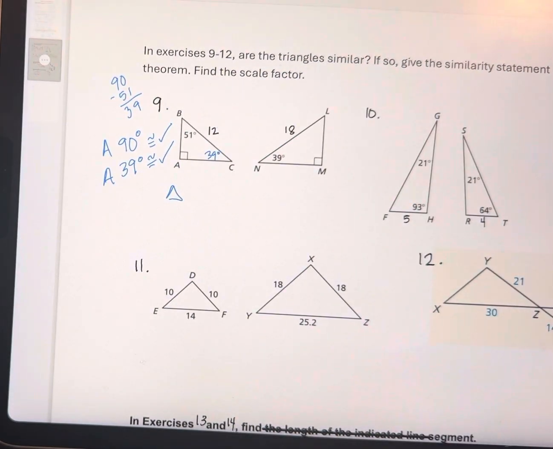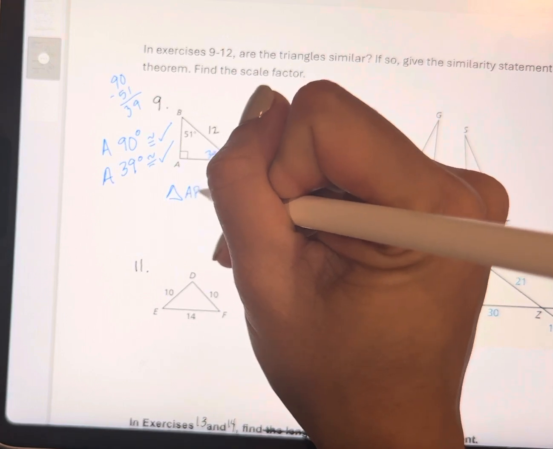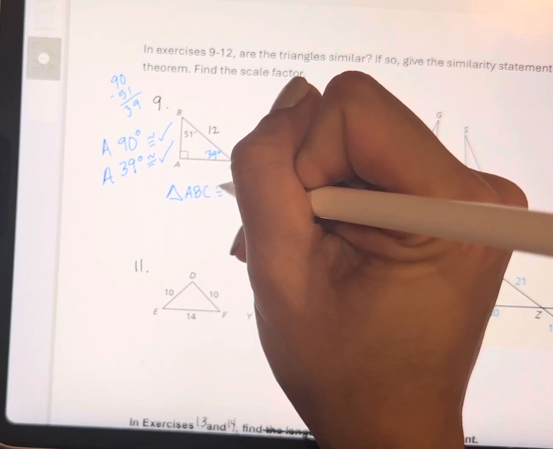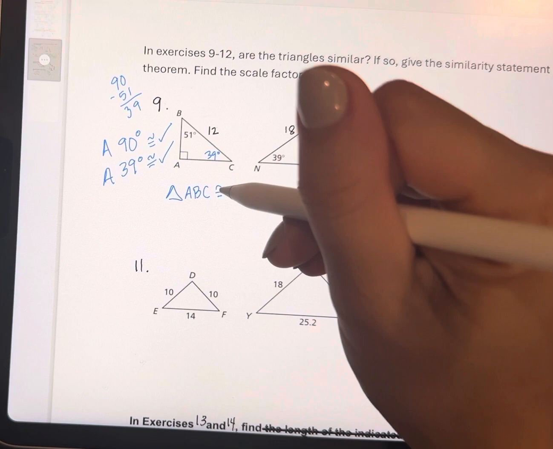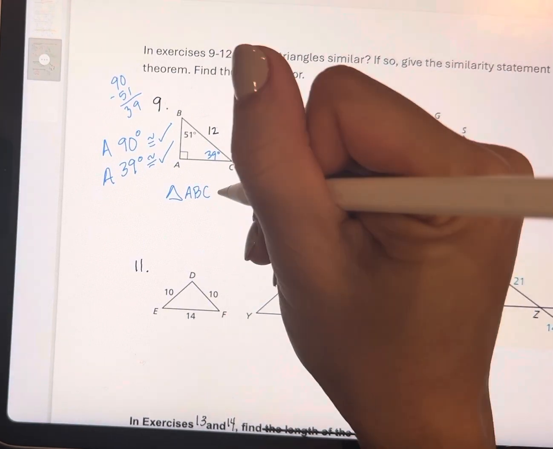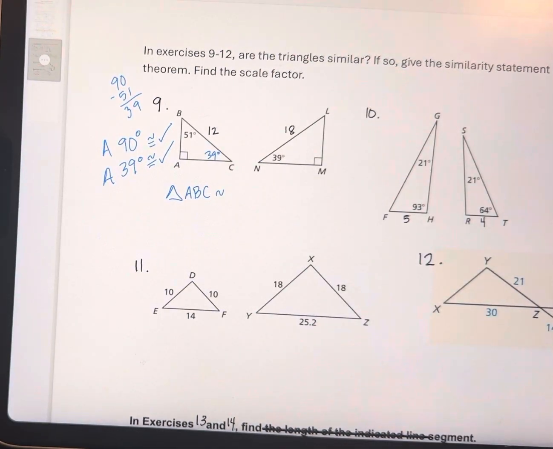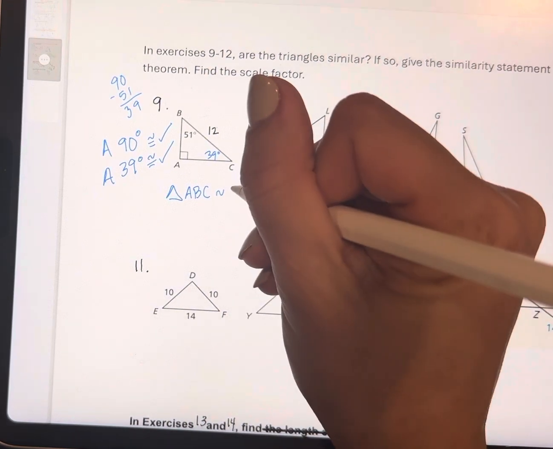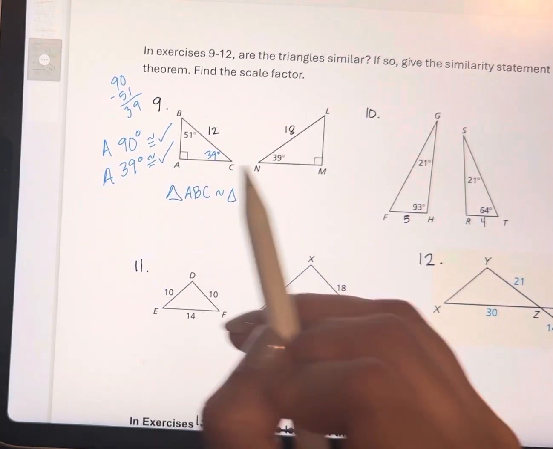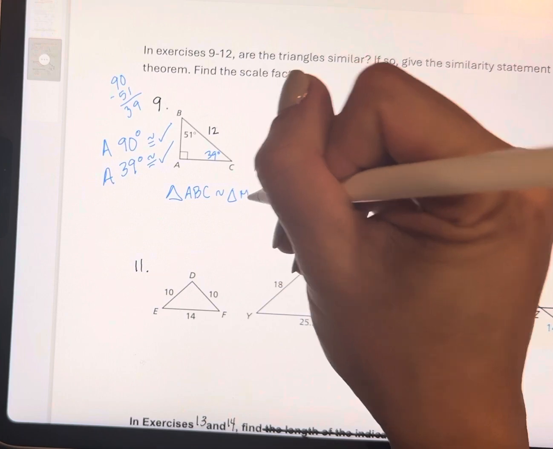So now we've got to give a similarity statement, name the theorem, give the scale factor. So triangle ABC is, oh no, it's not congruent. Is similar to triangle, and now I've got to be careful. A was the 90-degree, so I've got to go with M, which is the 90-degree.